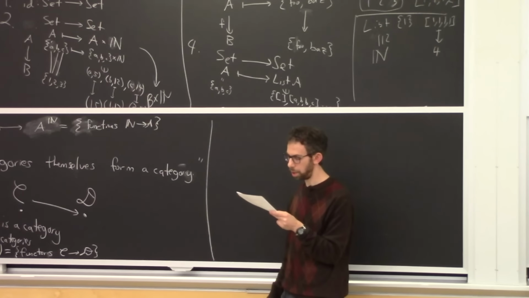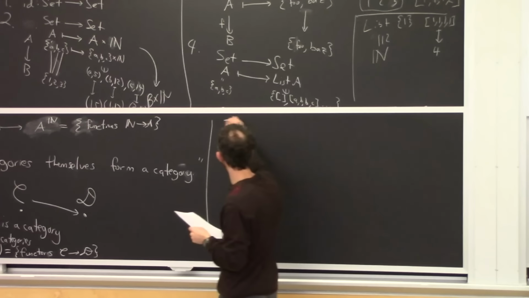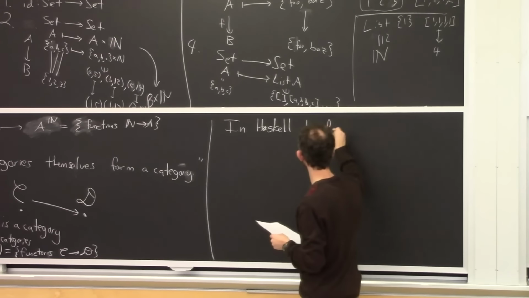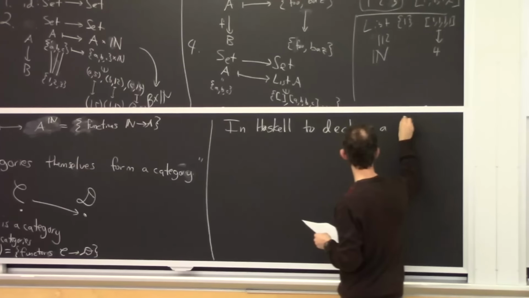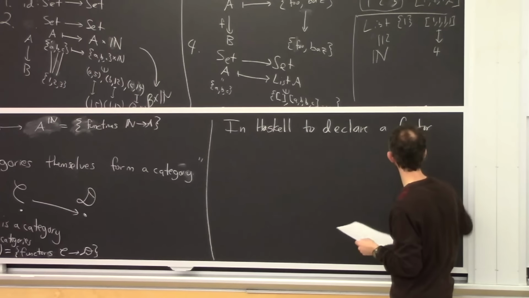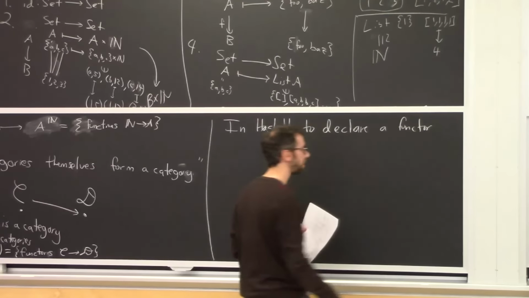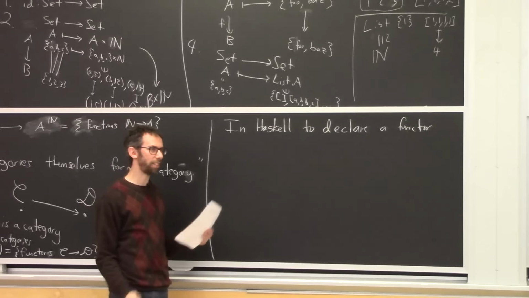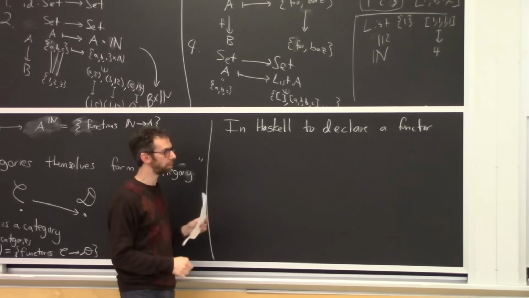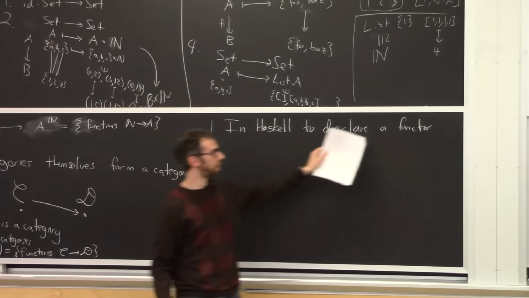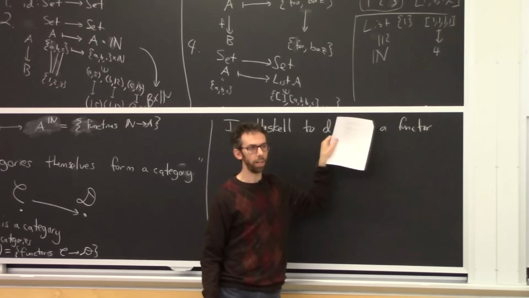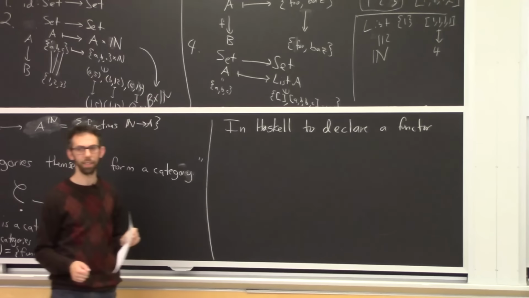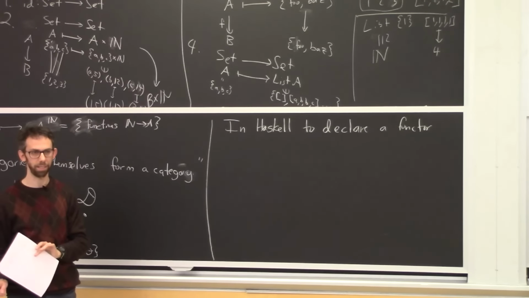OK, so in Haskell, to declare a functor, like you want to say, I have a functor thing from Hask to Hask. There is no category Hask, but there's almost like one of Haskell data types and functions. So sometimes I'll pretend that there is, in the sense that I'll use words from category theory to talk about things in Haskell, as though I'm talking about this category Hask that doesn't technically exist.